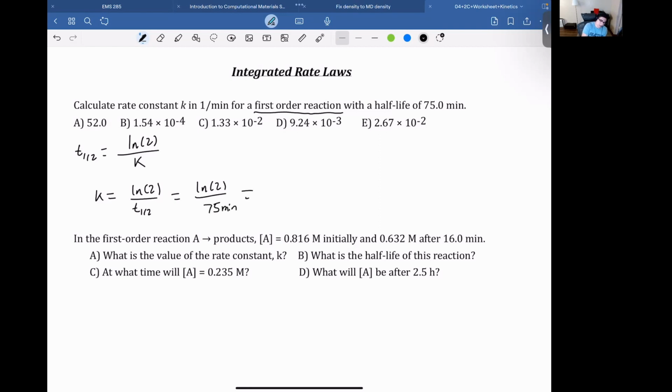The ln of 2 is unitless. Logarithms will always be unitless. They should be. And you get 9.24 times 10 to the -3rd. And that is your answer. So very easy if you have the formula already.